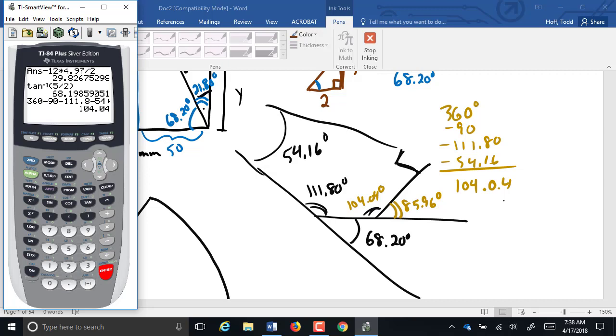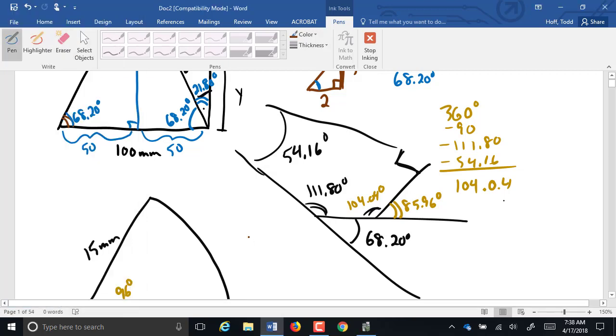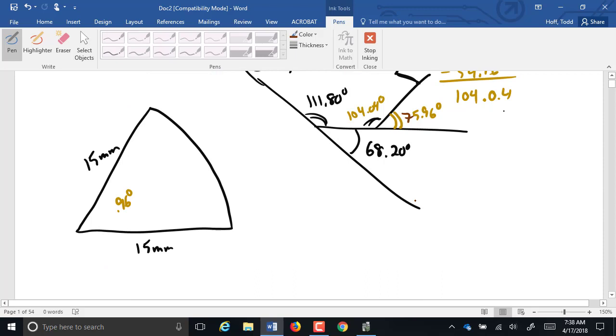You're right, it is 75 though. Yep, I just subtracted wrong. So 75.96 degrees. So we have that angle.